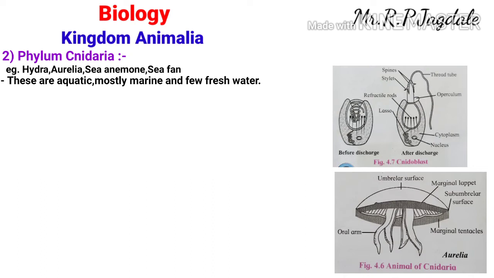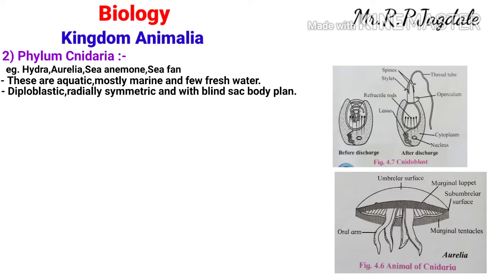So, the characteristics of this phylum are: these are diploblastic, that means they have two germ layers, ectoderm and endoderm. They are radially symmetrical. We have seen the symmetry in the introduction.